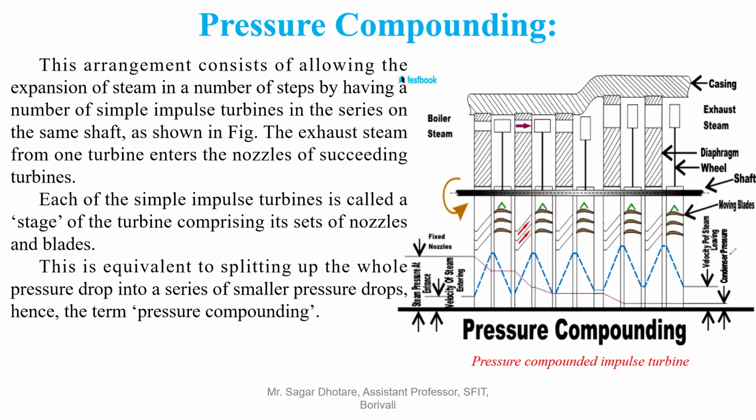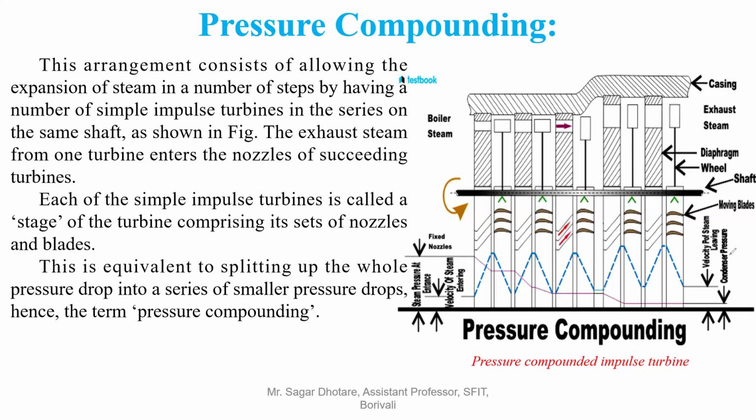The steam from the boiler enters the first ring of nozzles, where its pressure is partially reduced and its velocity gets increased. It then passes over to the ring of moving blades, where nearly all the velocity gets absorbed.